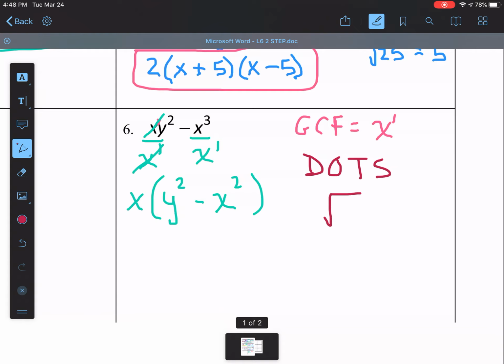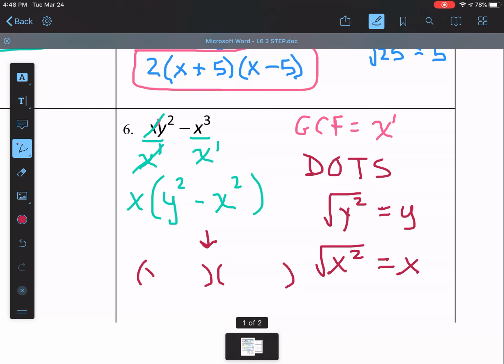Okay, so the square root of y squared is equal to y, and the square root of x squared is equal to x. So now this part here, when I do my double bubble, the y's go in the front because the y squared was first, and the x's go in the back, 1 plus and 1 minus.